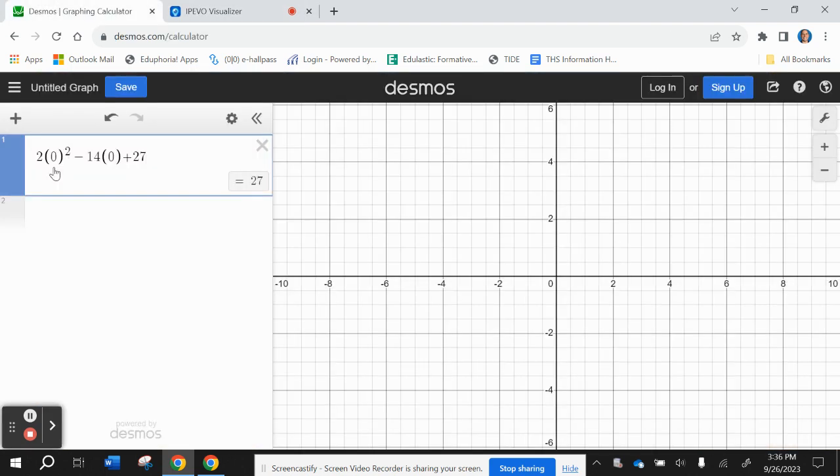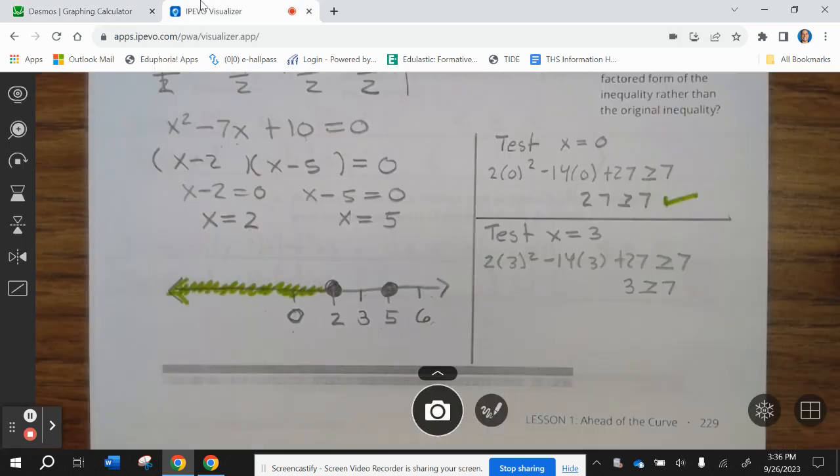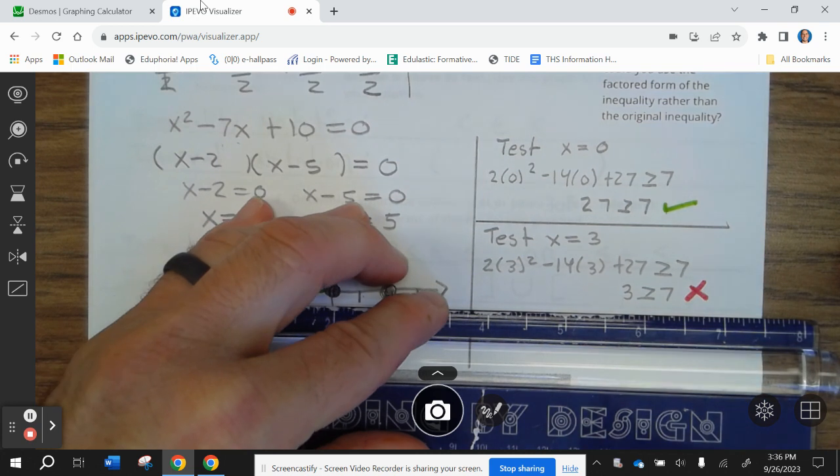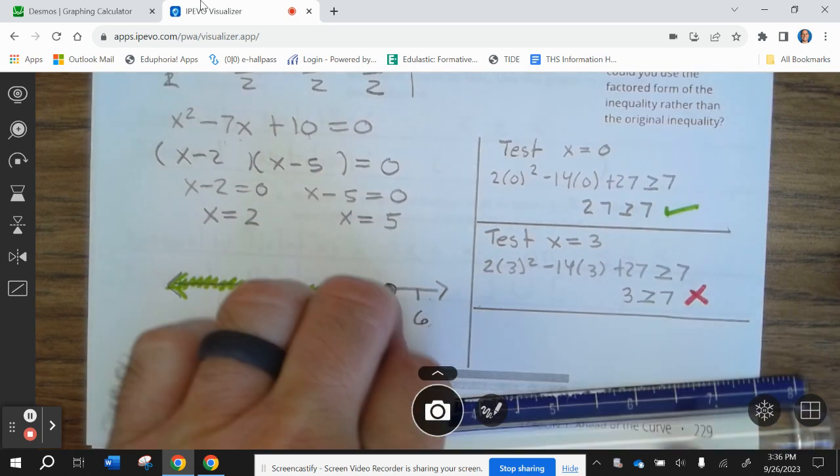So here, all I have to do is change the zeros to 3, and then I get 3. Now, 3 is not greater than or equal to 7, so there'll be no shading in the middle, okay?